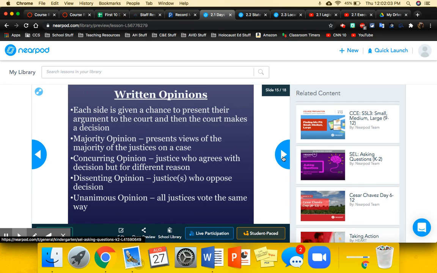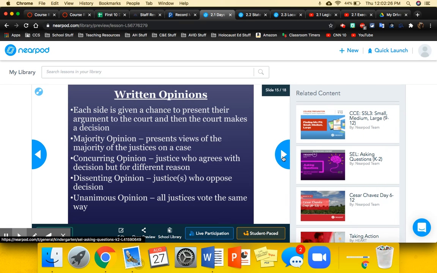All right, written opinions. In Supreme Court cases, there are different opinions that are written. Each side's given a chance to present their argument to the court, and then the court will make a decision. If the court rules, say, 9-0 in favor of one side, one of the 9 Supreme Court justices will present views of the justices on the case, right?